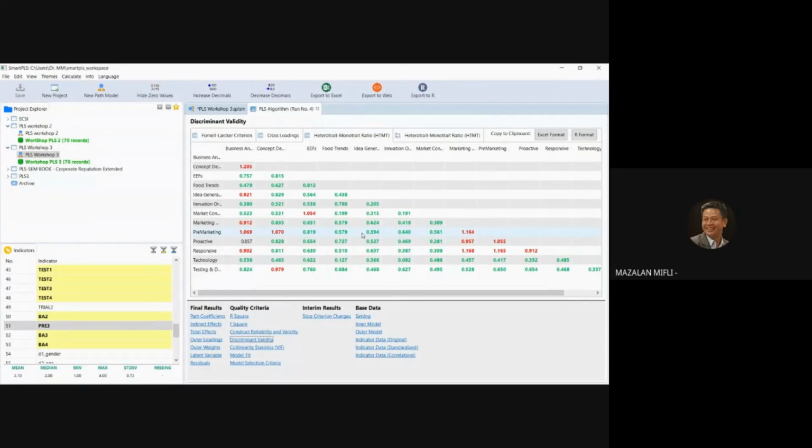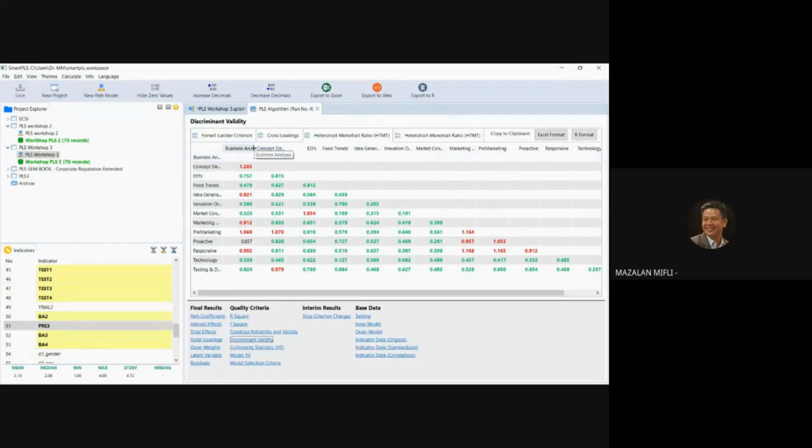The more complex your model is, the more likely that you may not be able to meet the minimum threshold values. Okay, the one that we showed here. So what are you going to do? Are we going to stick with this? Well, liaise with your supervisor and see how it goes. Or you can do some cleansing of your data, and hopefully it turns out to be all green colors, except with all these concept developments, environmentals, and then we have the marketing orientations.